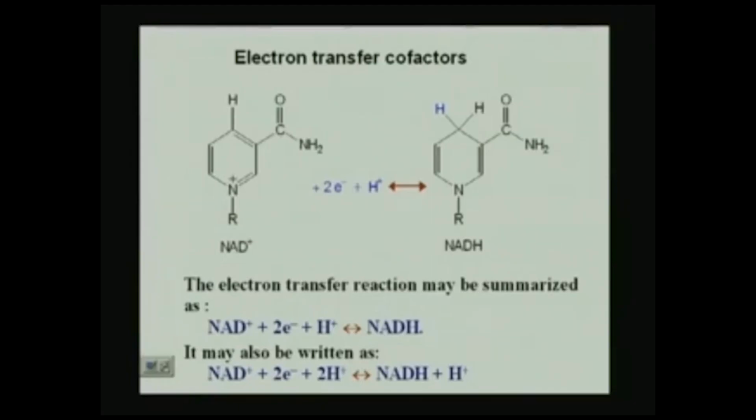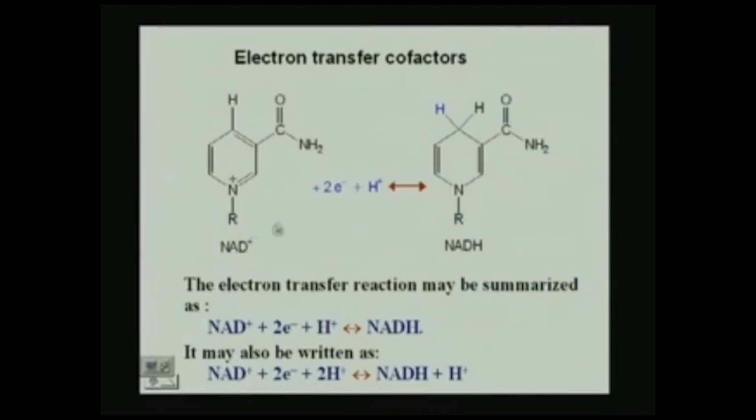We have looked at two of these already. NAD plus going to NADH is an electron transfer reaction that can be written as NAD plus, 2 electrons and a proton going to NADH, or alternatively as NAD plus, 2 electrons and 2 protons going to NADH plus H plus.